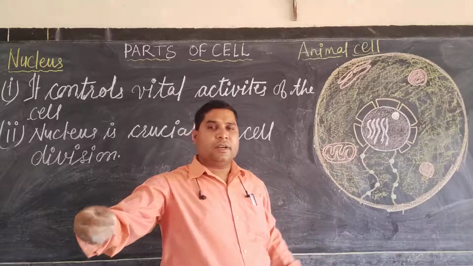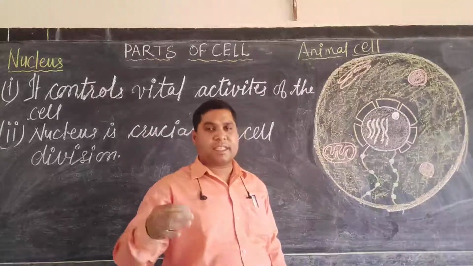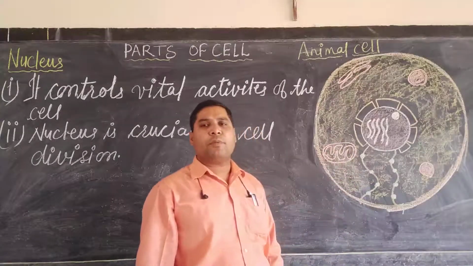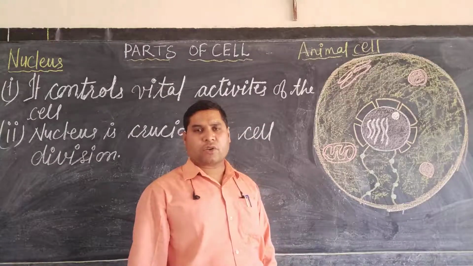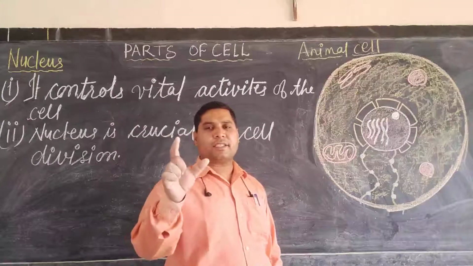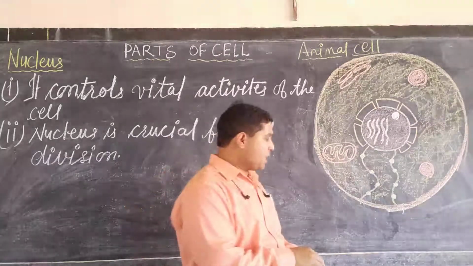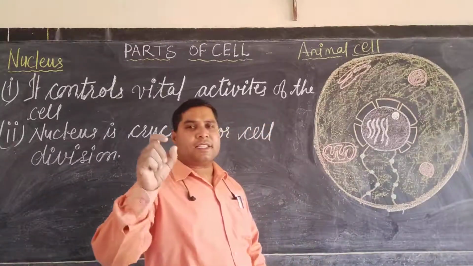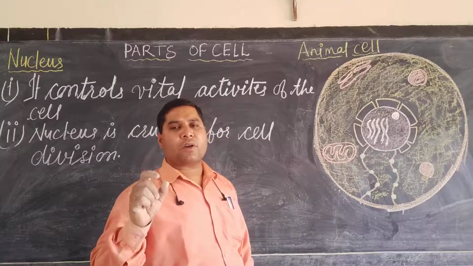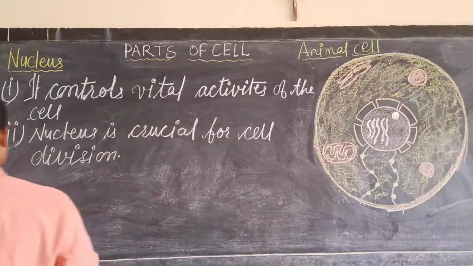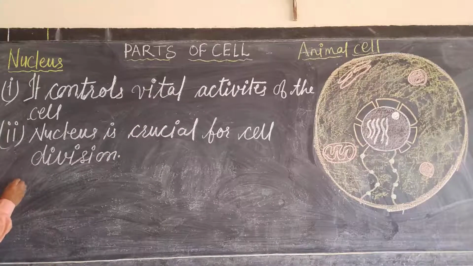But during cell division, as the cell is ready to divide, the chromatin network or chromatin threads condense and become short and thick, and the condensed and thick form of the chromatin network is known as a chromosome.